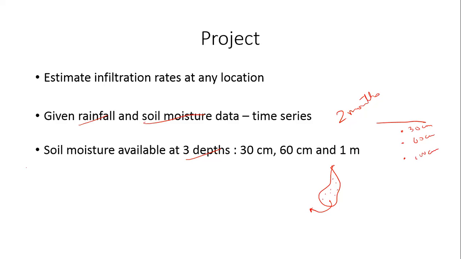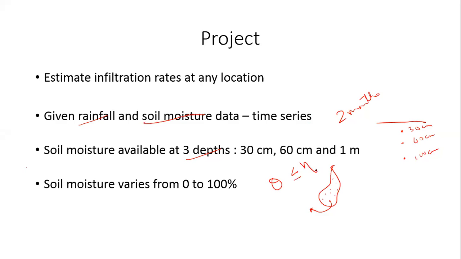Okay. Now the soil moisture, the way it is provided in this database, it varies from 0 to 100%. Now you may be used to this idea that theta, what is the largest value theta can have? It can't be greater than porosity, right? But the soil moisture sensor will give you a number 100%, but porosity can never be 100%, right?